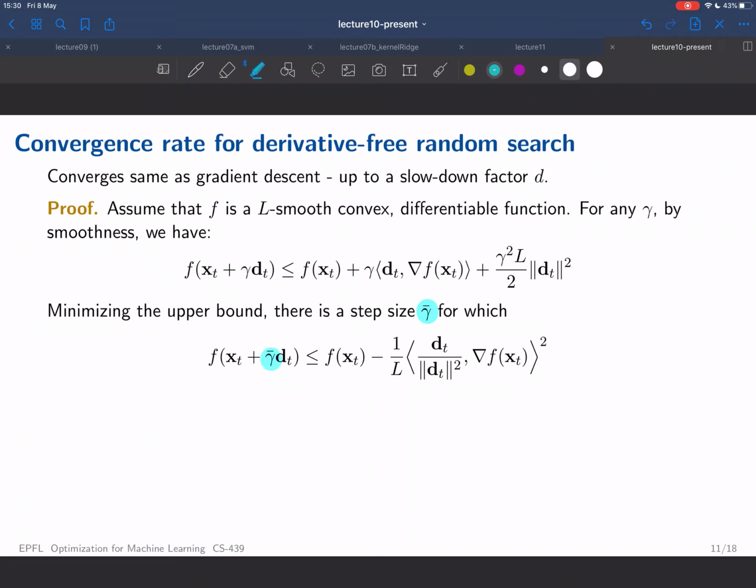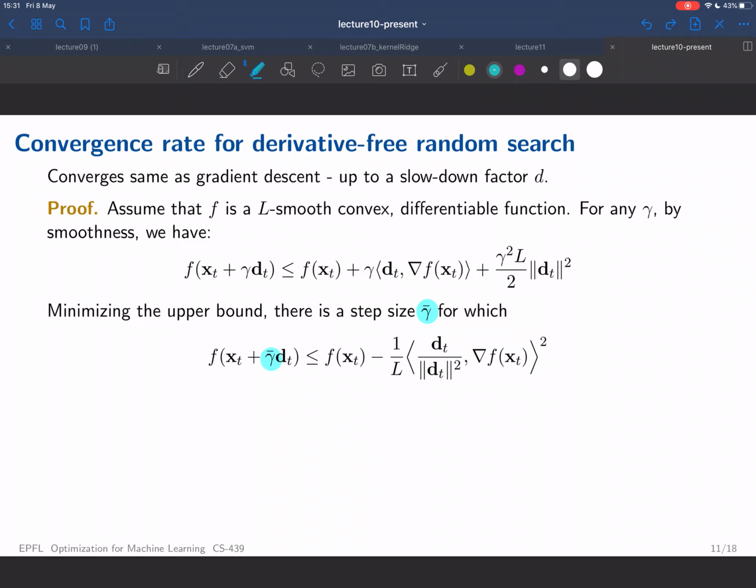The claim is there is a gamma bar which minimizes this right-hand side, the best gamma from this perspective. It's not the one we use in the algorithm. In the algorithm, we use a gamma which is directly minimizing f. But here I'm talking about a hypothetical gamma bar, which minimizes this right-hand side.